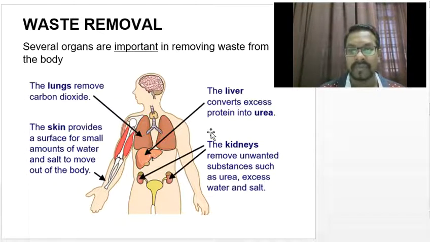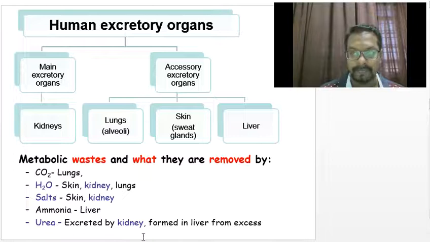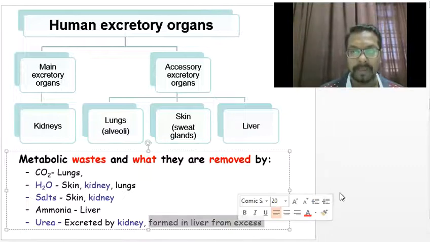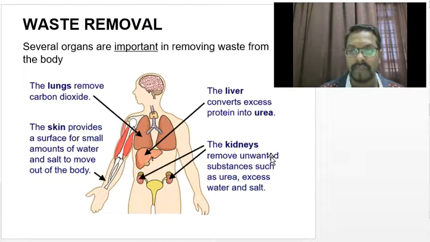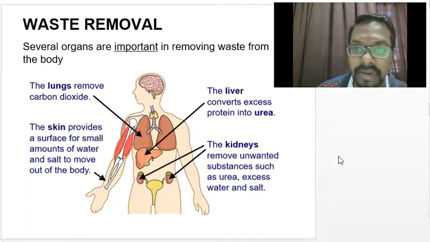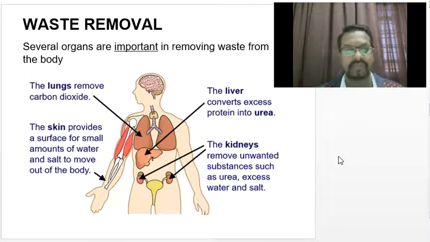The liver converts excess protein into urea. So this is what I meant here. Then the kidneys remove unwanted substances such as urea, excess water, and salt. So this is very important. These are the organs that are very important in removing waste from the body.